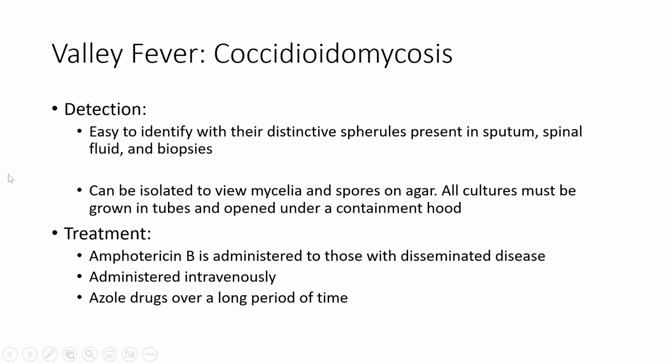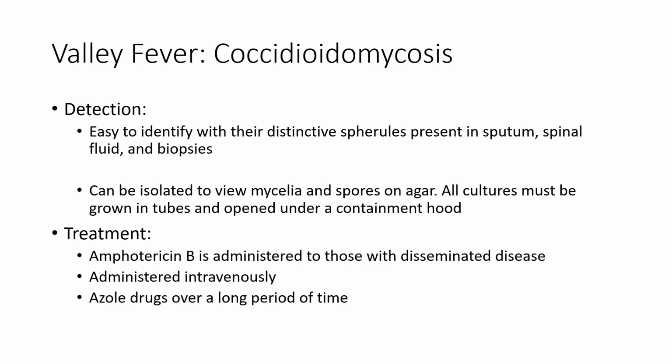And so if you do get a very, very bad disease, you can basically just get the amphotericin B treatment. It's disturbing those fungal cell walls, right? And it'll be administered intravenously, right? You can also take azole drugs, but this is done over a long period of time.